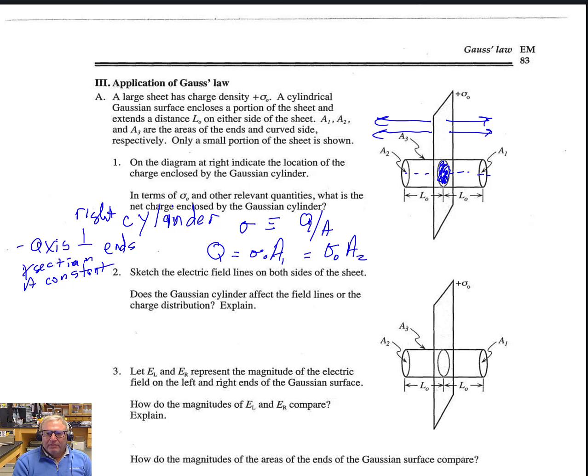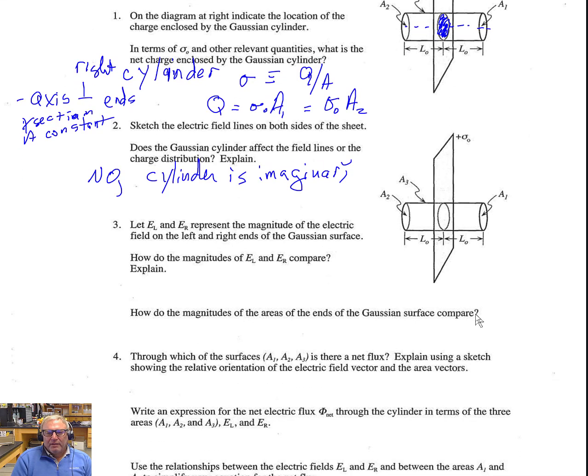Does the Gaussian cylinder affect the charge distribution? No. The cylinder is imaginary, so by definition, it can't affect it. Okay, you've got E left, E right. How do their magnitudes compare?